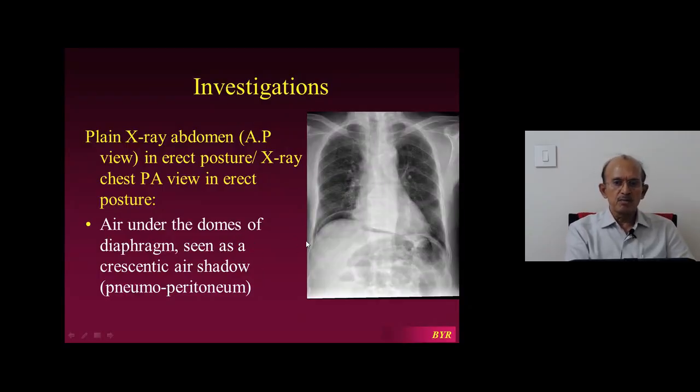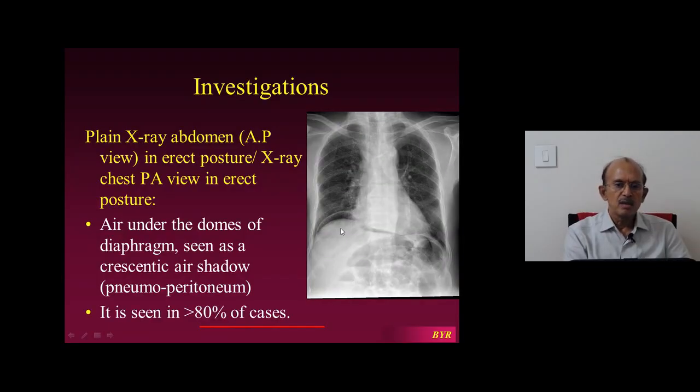Whenever this X-ray is shown to you in your viva, you must always say crescentic air shadow is seen under the dome of the diaphragm. You must mention that. Simple air shadow is also correct, but if you say crescentic air shadow, that gives more weightage to your answer. It is seen in more than 80% of the cases.